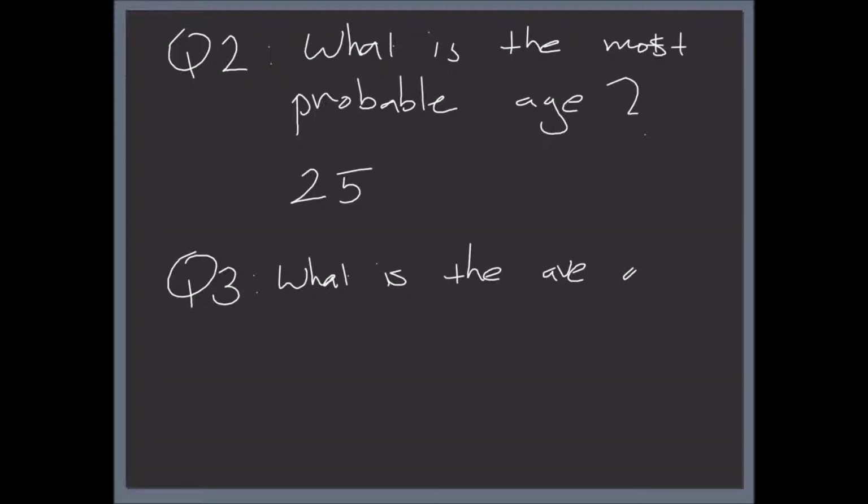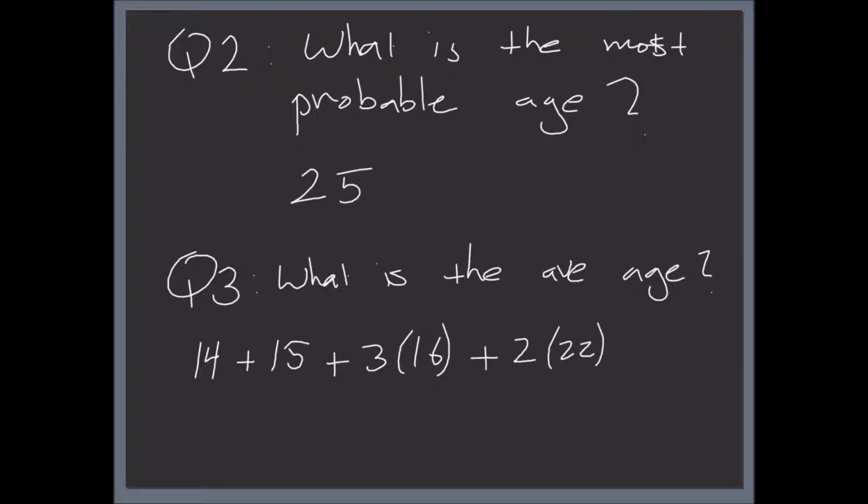Well, for the average, we're gonna take the number of people that have age 14, which is 1 person, plus the number of people with age 15, that's also 1, plus the number of people at age 16, that's 3 times 16, plus 2 times 22, plus 2 times 24, plus 5 times 25, divided by the number of people in the room, that's 14.